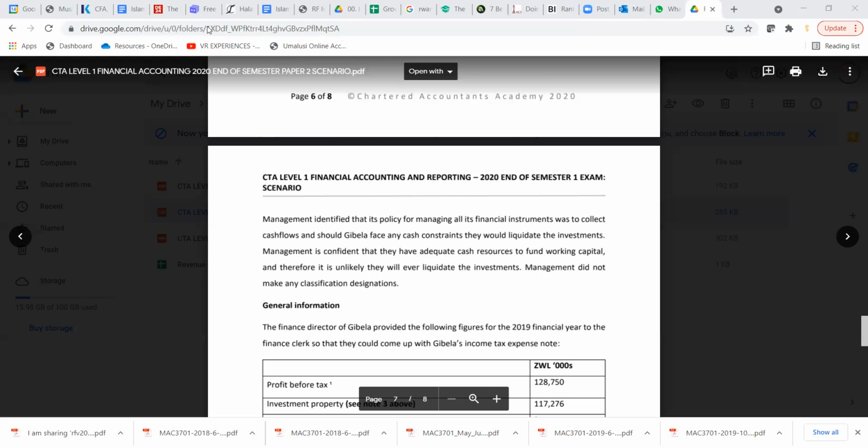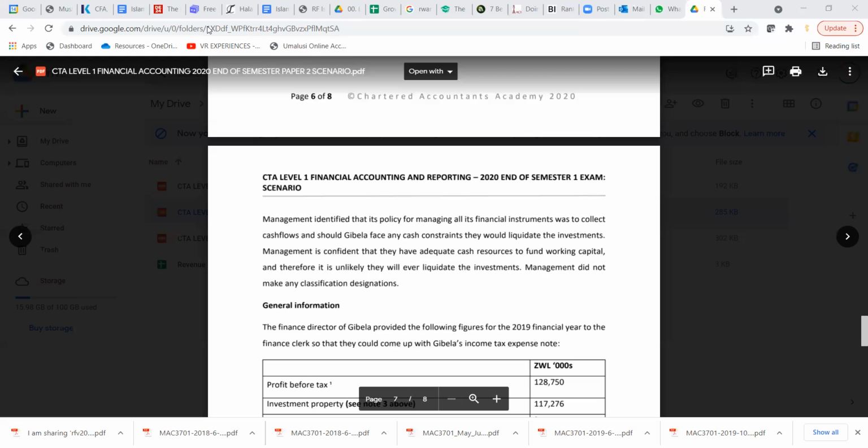Then B, the contractual terms of the financial asset give rise on specified dates to cash flows that are solely payments of principal and interest. In our case, the preference shares, we are not collecting cash flows solely in terms of principal and interest. Therefore, it doesn't qualify under amortized cost.